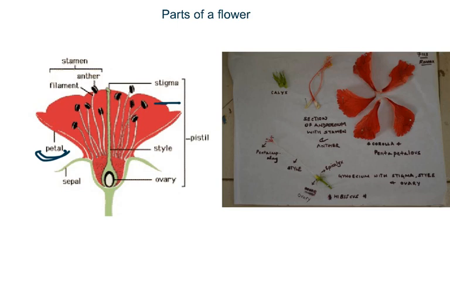Why should they attract insects and birds? To do a process called pollination. I will tell you what is pollination and fertilization in the next class. So far I said petals are the largest part of flowers, often attractive, brightly colored, sometimes sweet scented, to attract insects and birds for pollination. The ring of petals together is called corolla.